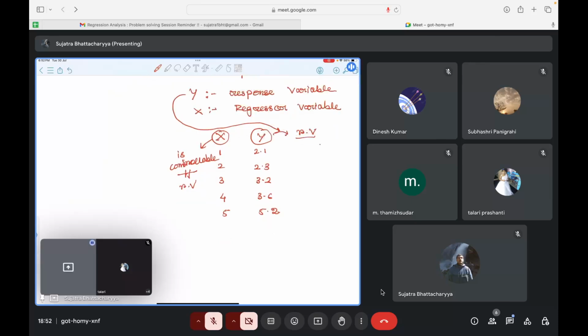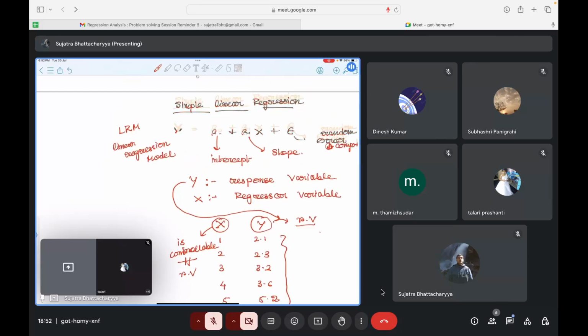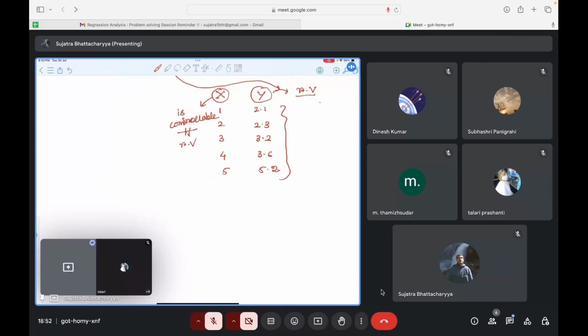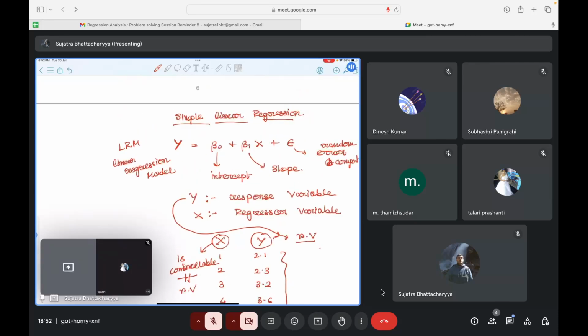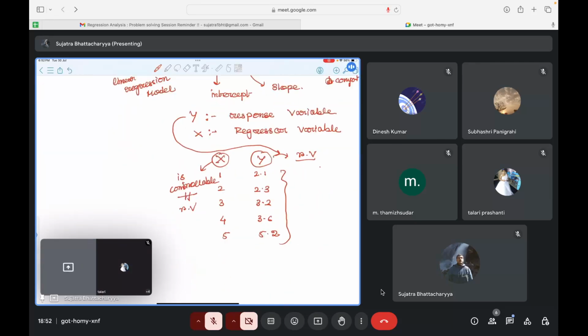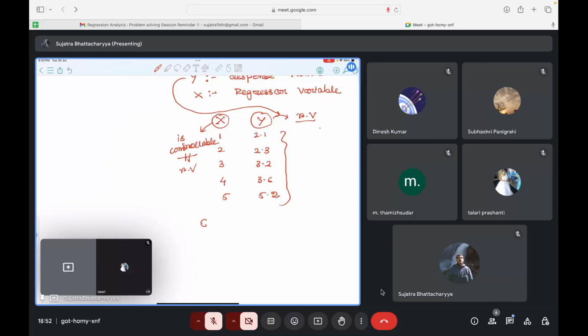Okay, this 1, 2, 3, 4, 5, I have assigned. So it's not a random variable. But these are not in my control, so it's a random variable. Fine. So this is the basic thing. Y is a random variable and this random error component, as the name suggests, is random. So epsilon, the random error component, is also a random variable.